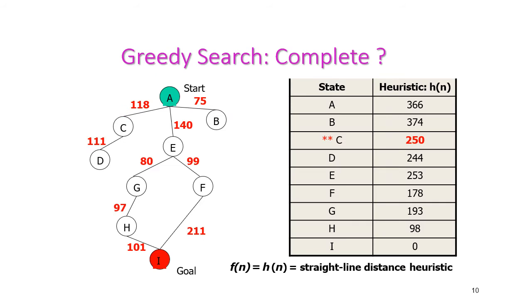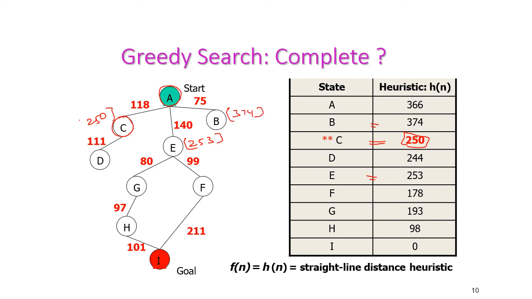Okay, and what is the drawback of this particular searching algorithm? When we come to C, suppose C's heuristic value is 250, from A, and E's heuristic value is 253 and B's heuristic value is 374.